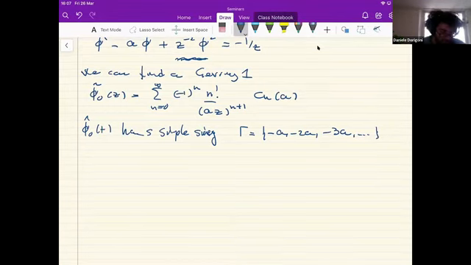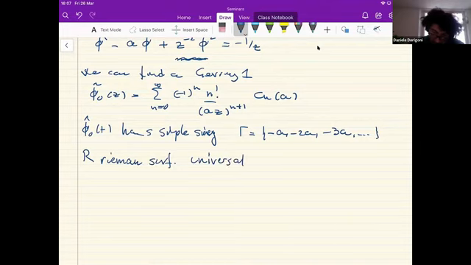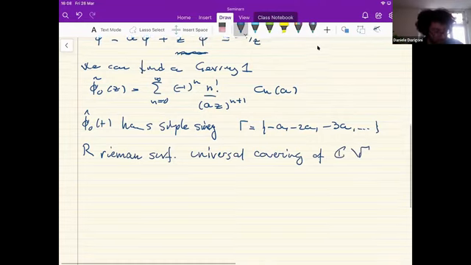So you might want to consider as a Riemann surface for this problem the universal covering of C minus this set.